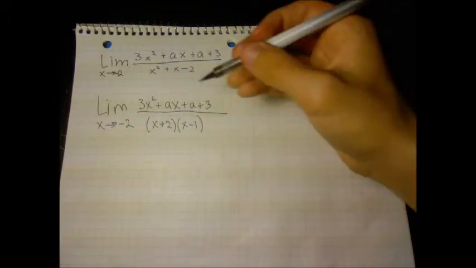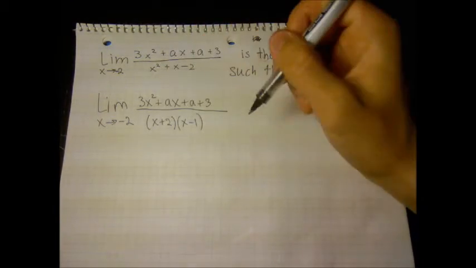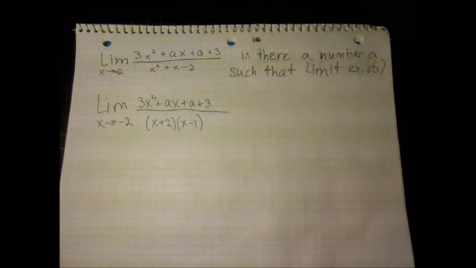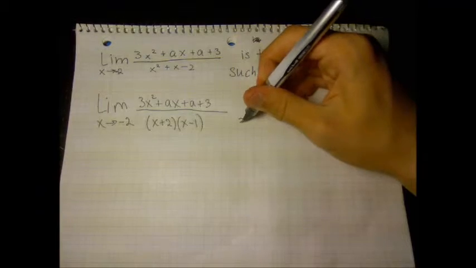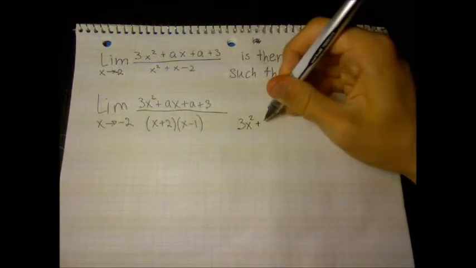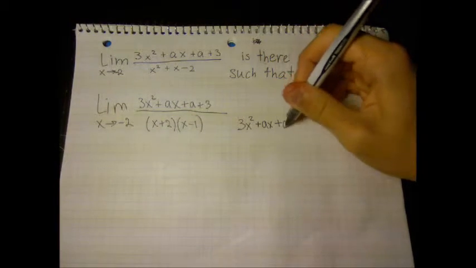In other words, you just need to get rid of x plus 2. So you need to have your numerator divisible by x plus 2. For this case, you will need to employ long division.